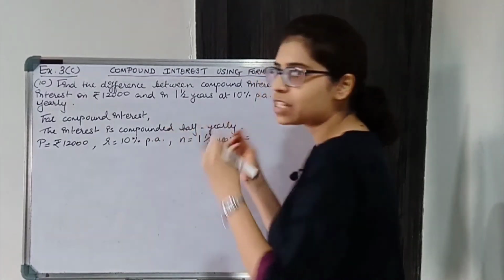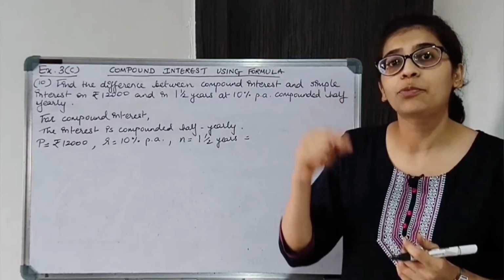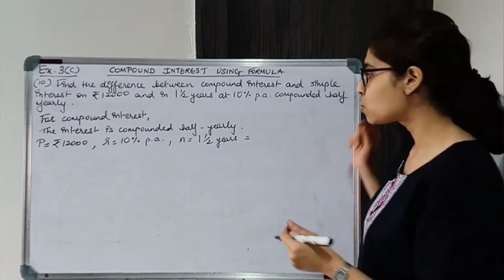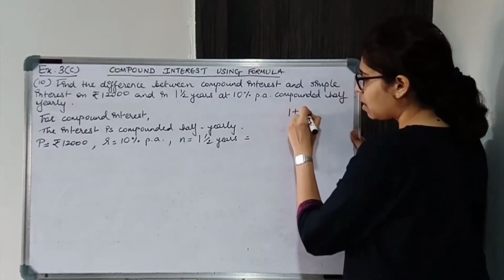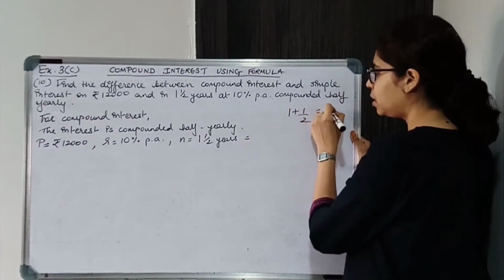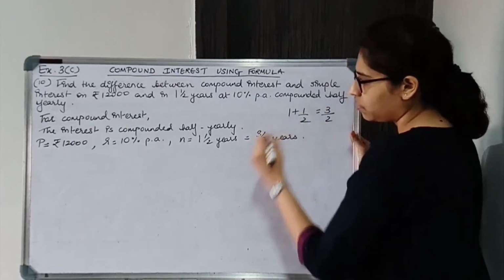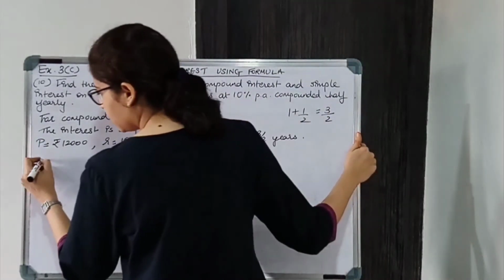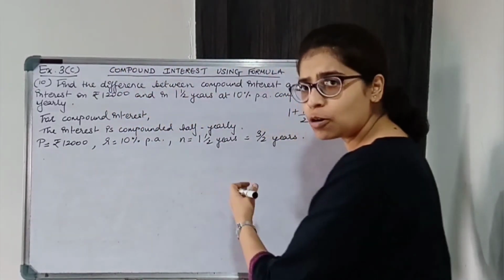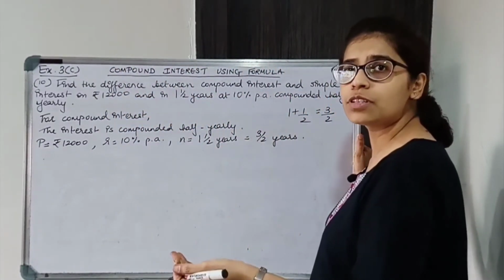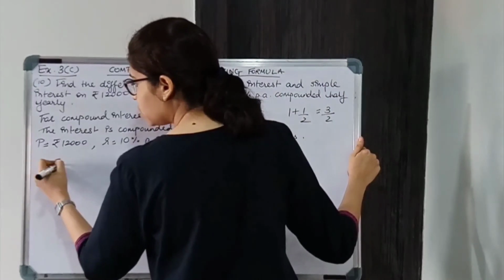You don't keep it in mixed fraction form, you convert it to a proper fraction. So 1 plus half, it will become 3/2 years. Now using the formula of amount, you can find amount first and then find compound interest, or directly find compound interest in this case.